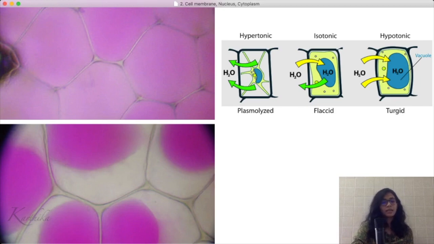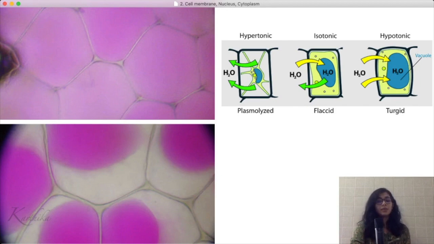That means a cell wall. But the plasma membrane and the protoplasm, that is, the cytoplasm with the nucleus, the whole protoplasm shrinks and peels away from the cell wall, right? So this is the way plasmolysed cells look under the microscope in real.